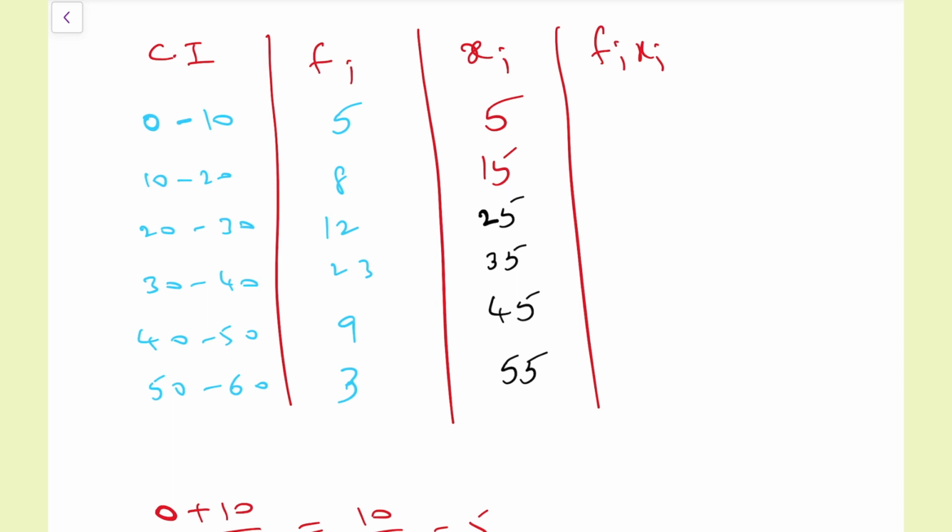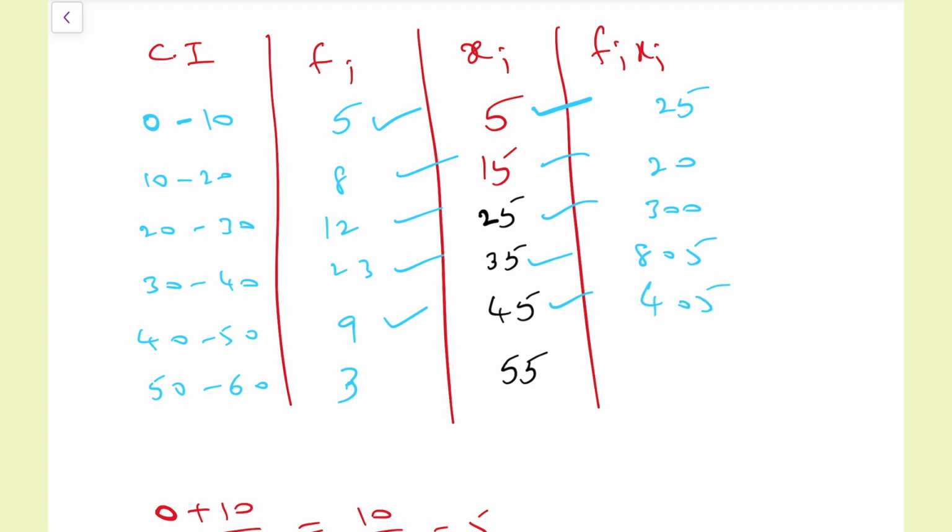So let us do it. 5 5s are 25, 15 into 8, 120, then 25 12s are 300, 35 into 23, 805, 45 9s are 405, 55 3s are 165. So this is the total fi xi.